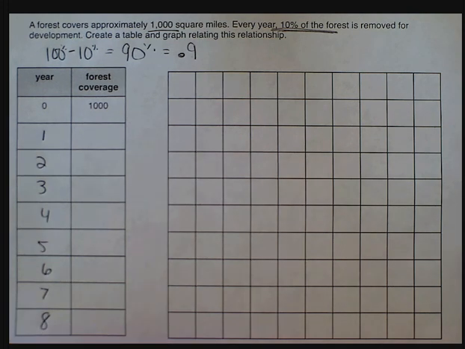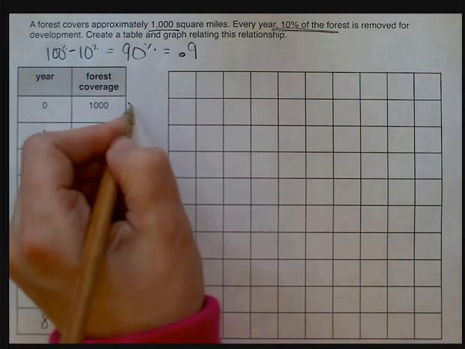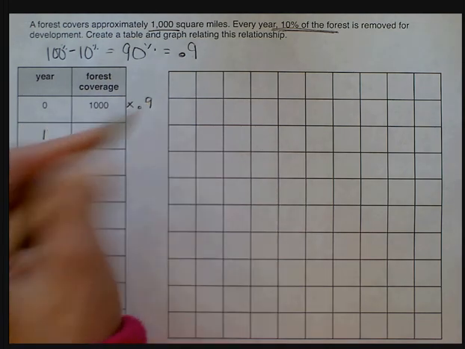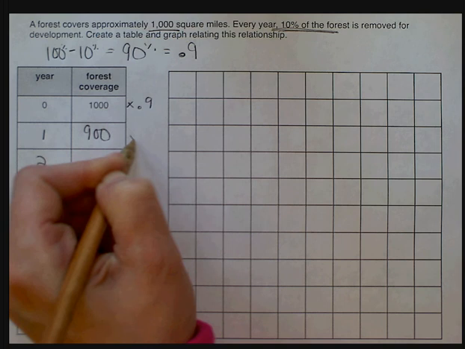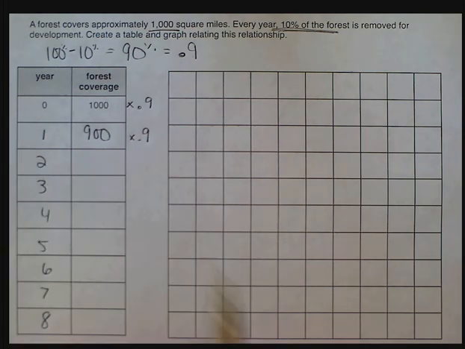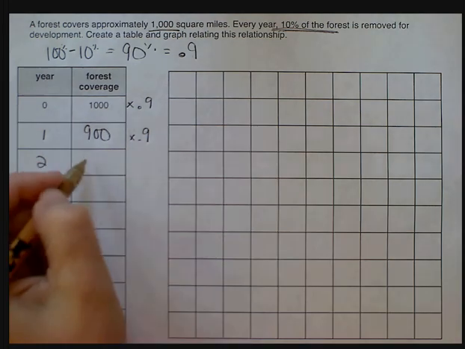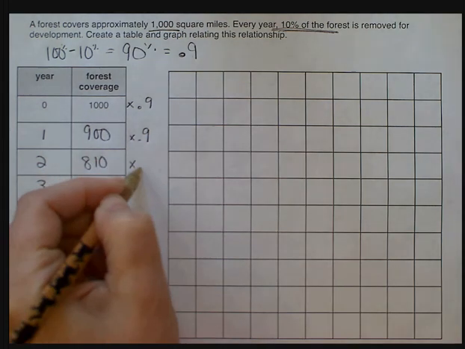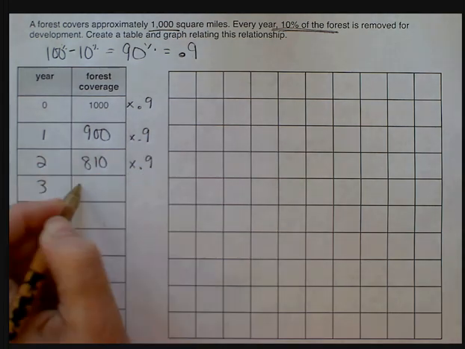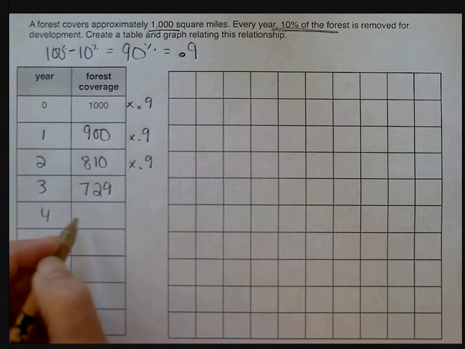To find after 1 year, we're going to take 1,000 times 0.9, which gives us 900. Then to find after 2 years, we'll take 900 times 0.9, and that'll give us 810. Then we'll take 810 times 0.9, 729, and keep continuing that pattern.